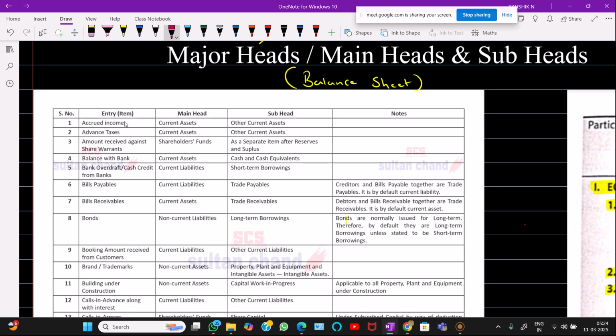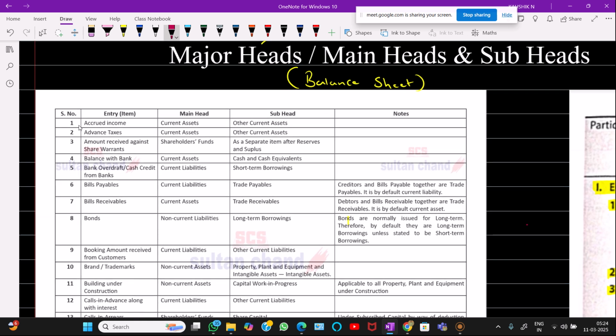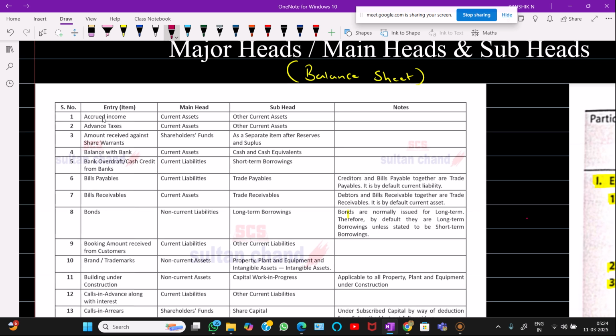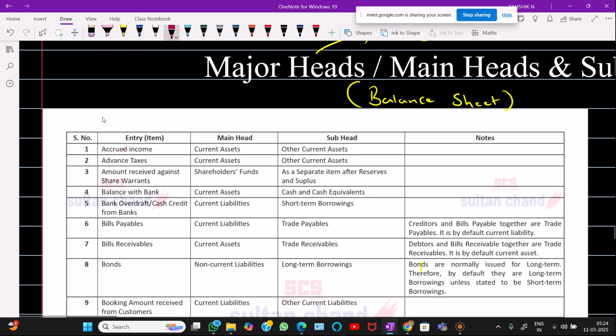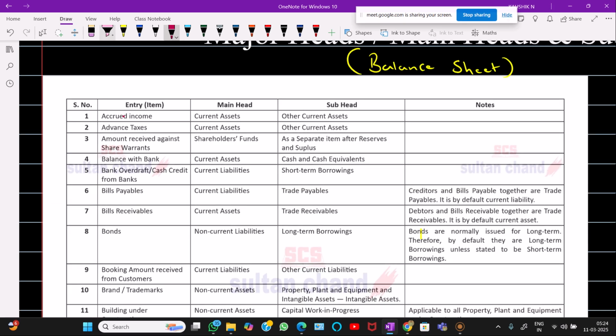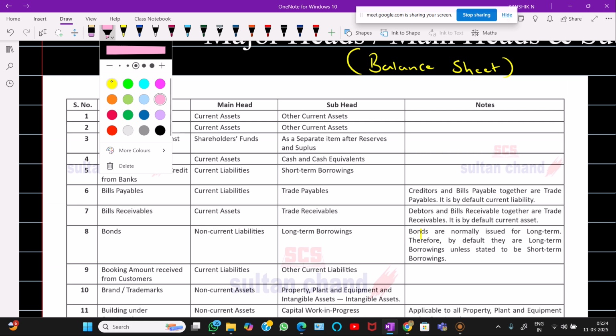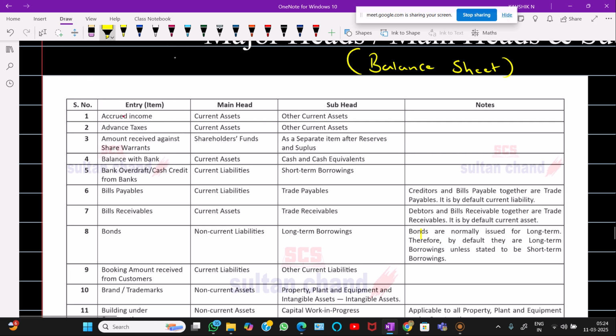The first item given to us is accrued income. Last year in grade 11, during your final accounts, you would have learned four important items, for which we are going to find the major head and the subhead.